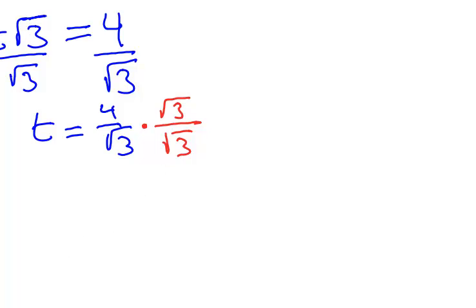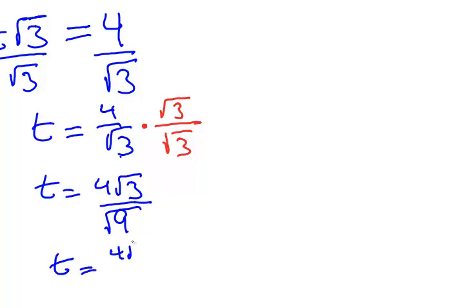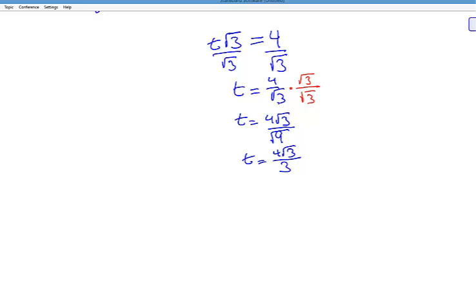So t is now equal to 4 square root of 3 divided by the square root of 3 times the square root of 3, which gives me the square root of 9. But what's the square root of 9? That's 3. So t is 4 square root of 3 divided by 3.